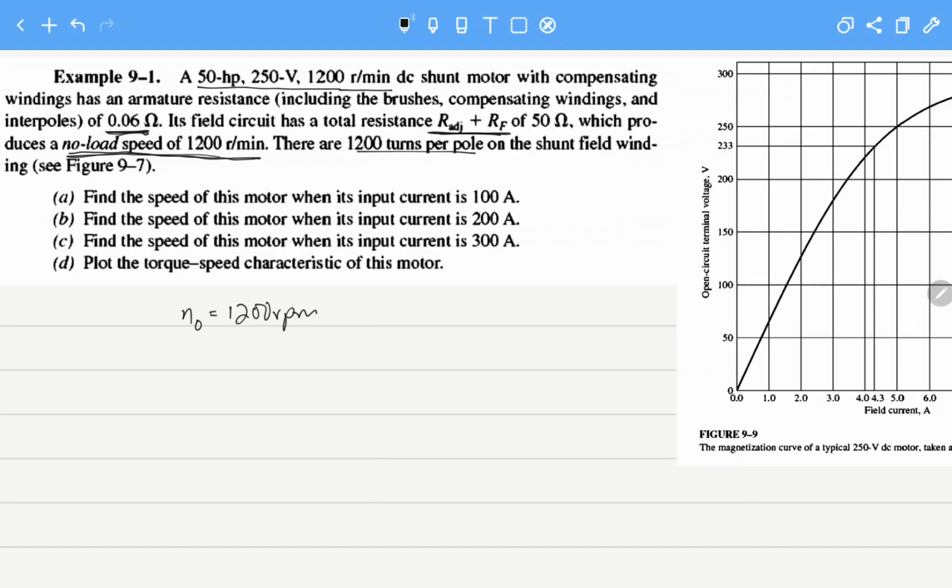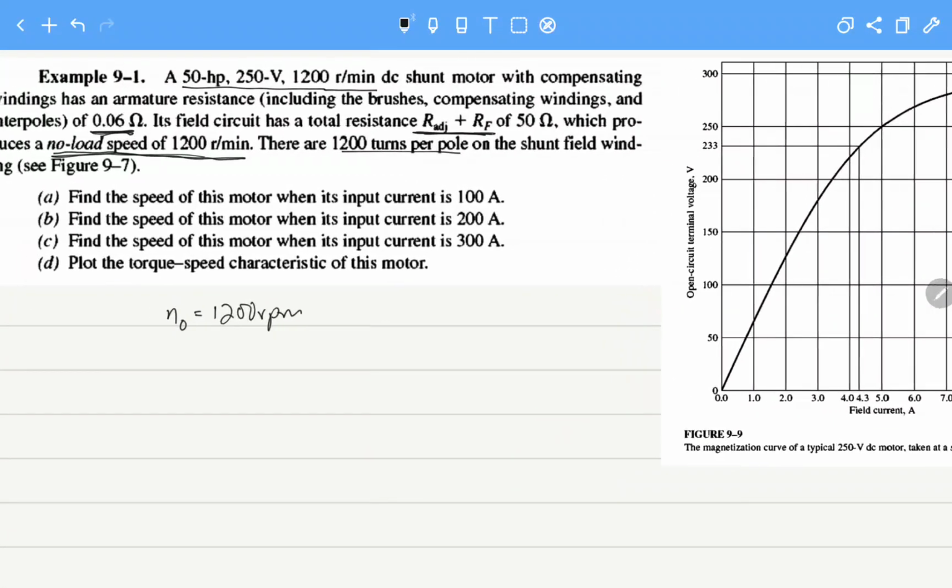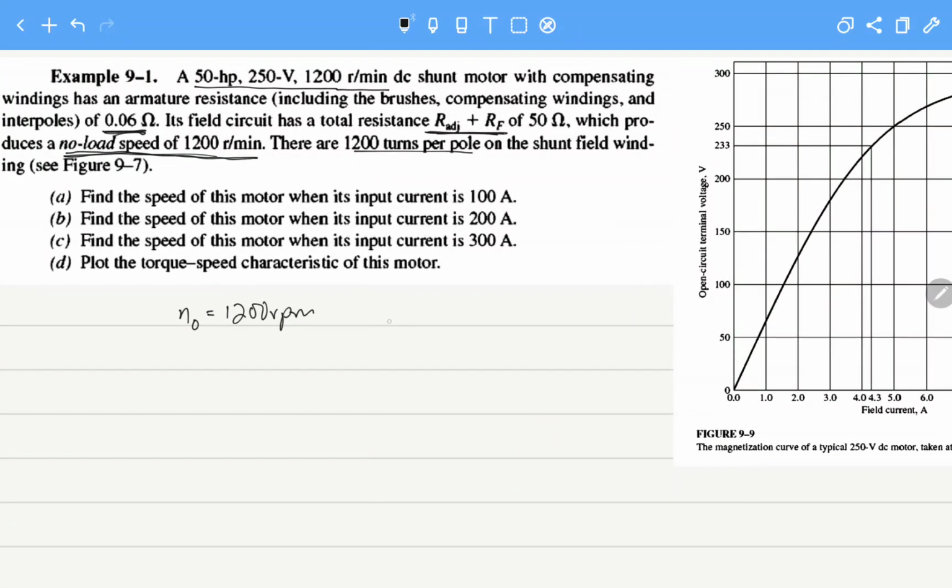So what it is saying is that the no load speed is 1200 rpm, and if the value of RF is 50 ohms, then IF will be the terminal voltage, 250 volts, divided by 50 ohms, that is 5 amperes. So the field current will be 5 amperes, and at no load the speed is 1200 rpm.